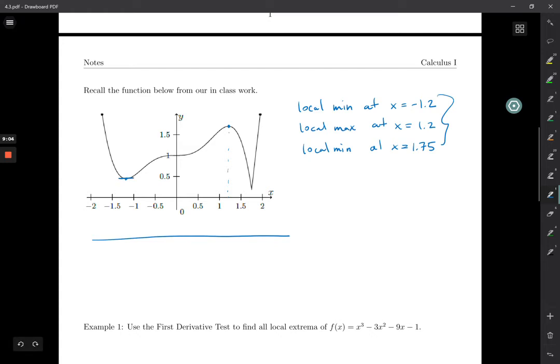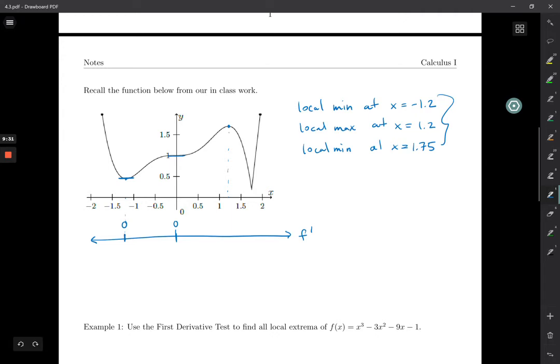And so we get a horizontal tangent here. So that will correspond to a 0. So I'll go ahead and put a 0 here to indicate that the derivative is 0 there. So this is, we're charting f prime. At x equals 0, we get another 0 here.